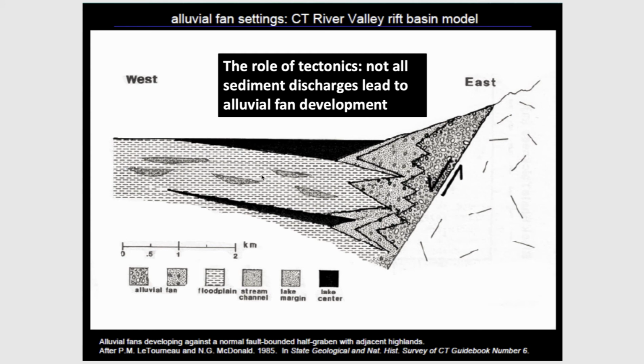So in this case, there are also other things. So we have stream channel sediments and lake margin sediments that will be the result again of the movement of the riverbed over a certain extent.